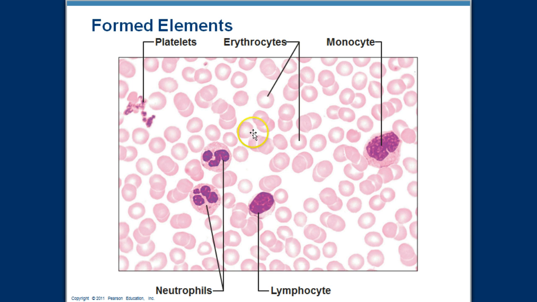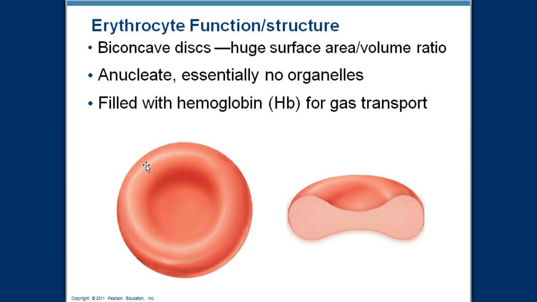You might be noticing that the red blood cells don't have any dark purple blob in the middle. They're missing the nucleus. So anything that's got a dark purple blob in the middle is some sort of white blood cell. And I don't know why the platelets stain so dark. They do not have any DNA in them, but they're probably just densely packed with proteins that like to absorb that dark stain.